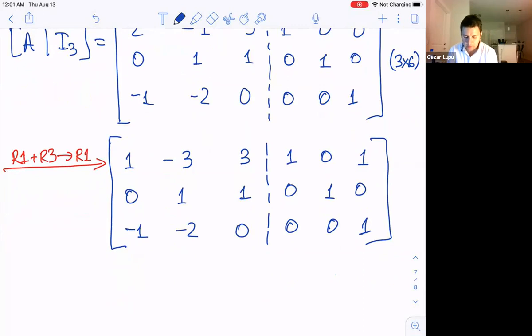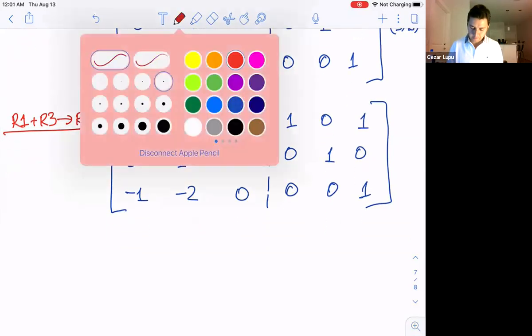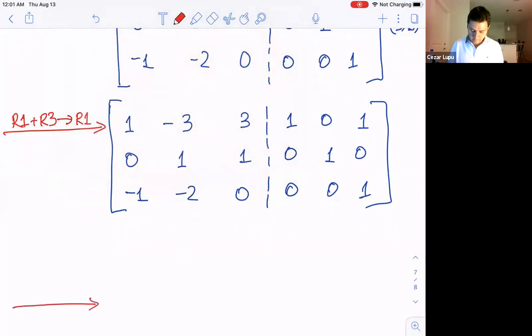And now what I'm going to do, I'm going to add the first row and the third row, and this will be my new R3. Okay, let's do this. R1 plus R3 will be my new R3 this time.